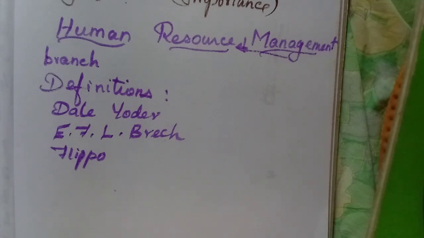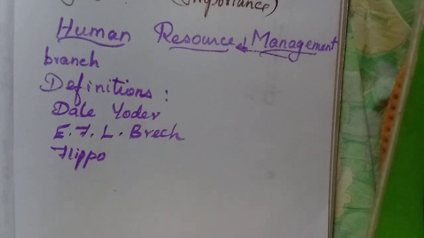Next word, compensation. If they work, we need to pay them salary, isn't it? Either salary or if they feel sick, they must be given some medical facilities or transport facilities in order to bring them and take them back to their home. Transport facilities, that is compensation.